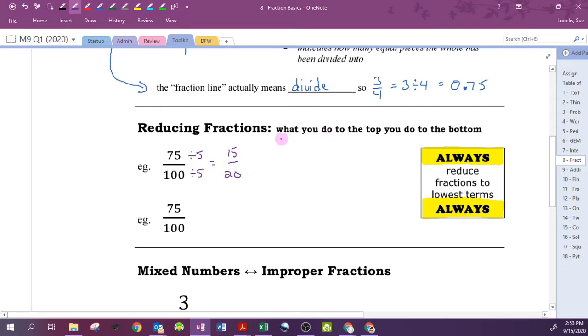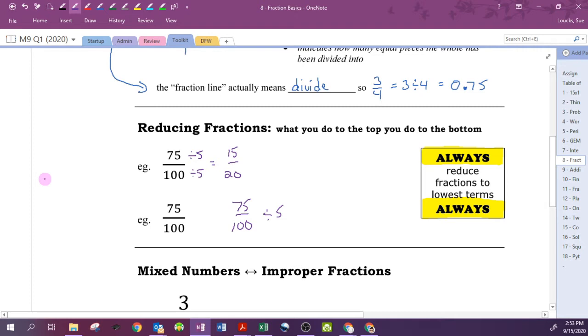Okay? What I don't want to see you do, and I'm going to write this and then I'm going to erase it, is 75 over 100 divided by 5, because 75 divided by 100 is a thing, and it's 15 hundredths or something like that. Yeah, I mean, I should know what it is, 15 100ths.